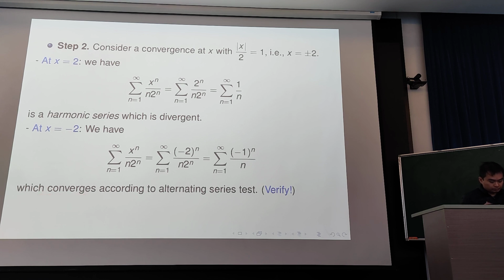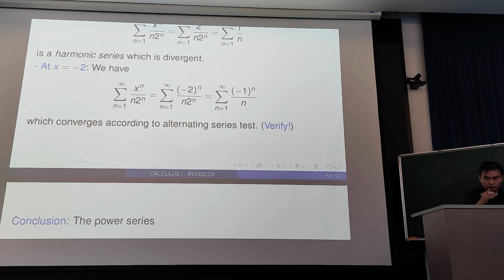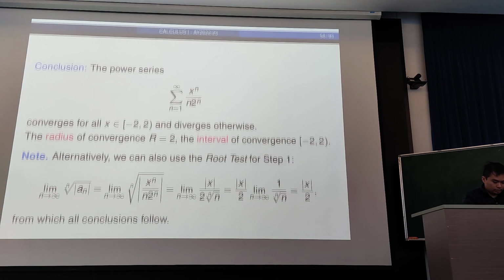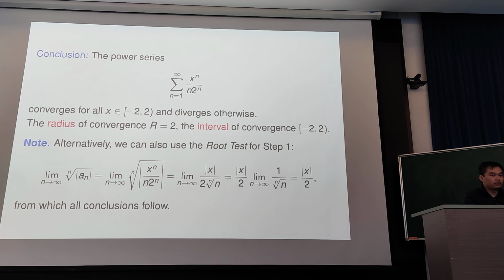Okay, so now we have all the information about the convergence at the endpoints, so we can conclude the interval of convergence. You can see here is the interval of convergence, where we take the value x equal to -2 and remove the point x equal to 2.